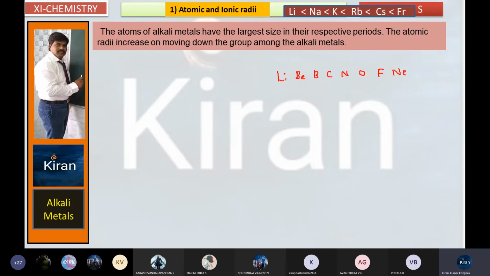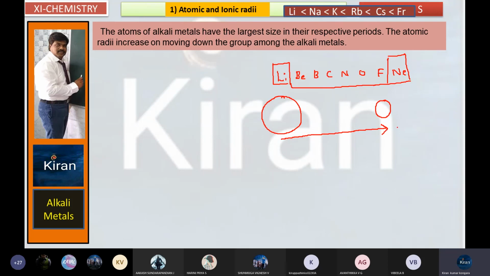Each period starts with an alkali metal and ends with an inert gas. So in any period, the first element is bigger in size and the last element is smaller. From left to right, atomic sizes gradually decrease.